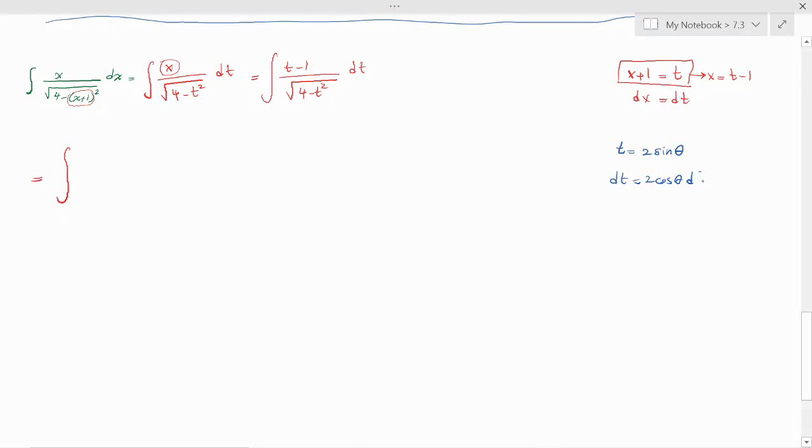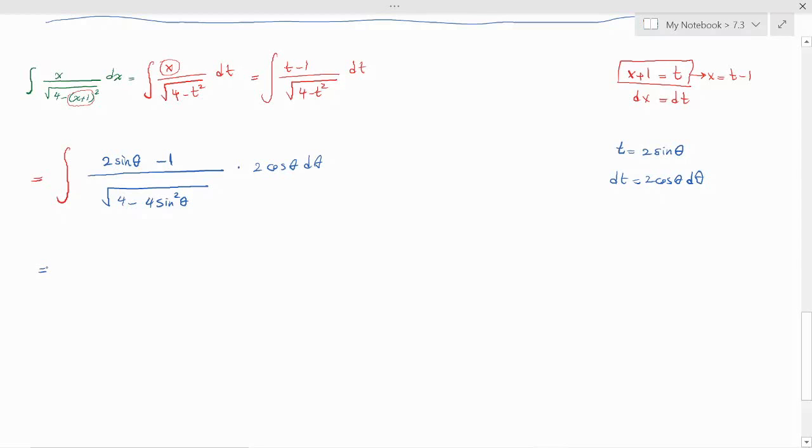Okay, so let's replace. Instead of t, I can write 2 sine theta. I have minus 1 divided by square root of, we've already done this a million times, but I'm going to write it again, 4 minus 4 sine squared theta, and multiply by 2 cosine theta d theta.